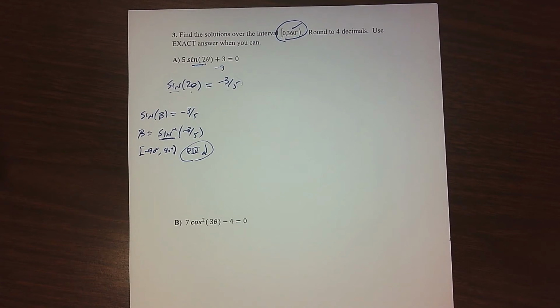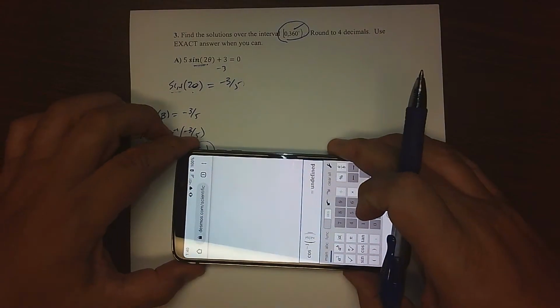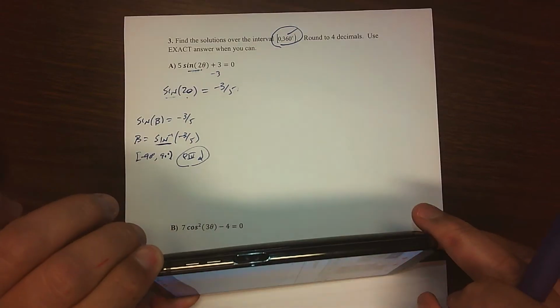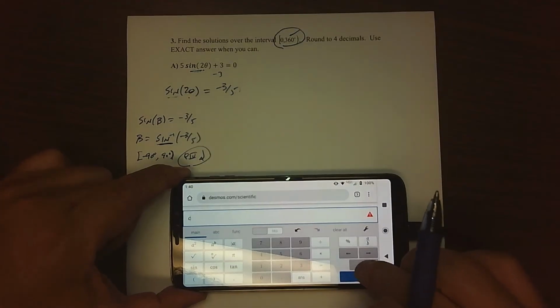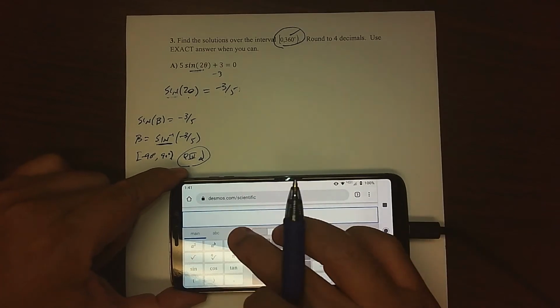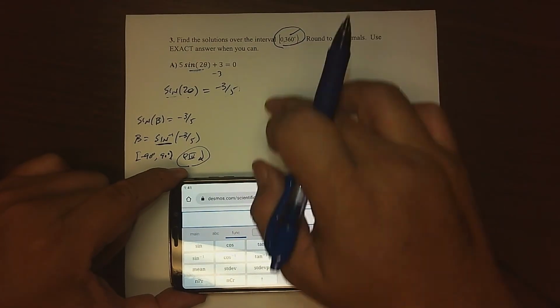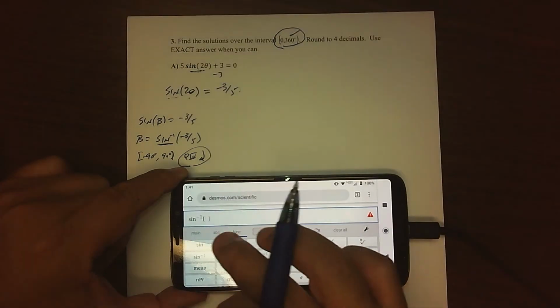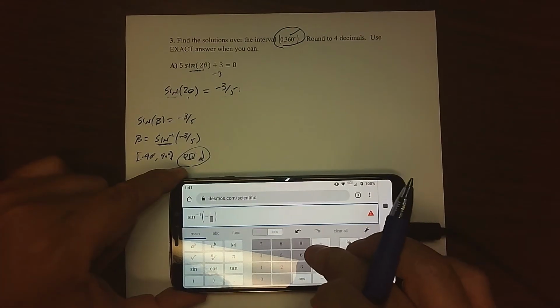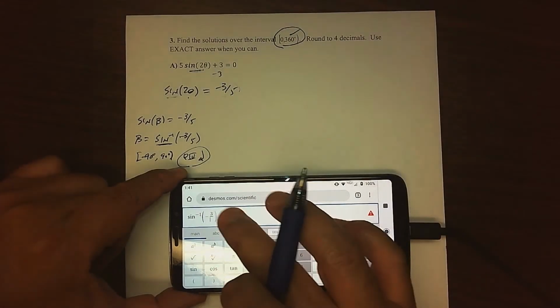So going to my technology, let me bust out my Desmos here. Let me find it on my phone. Right, so going to my Desmos, let me clear out the work I was doing there. What we're looking at here is the inverse sine function, and we're in degree mode. The inverse sine function of negative 3 over 5.